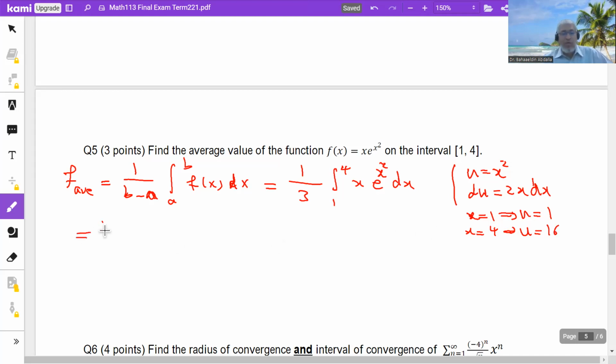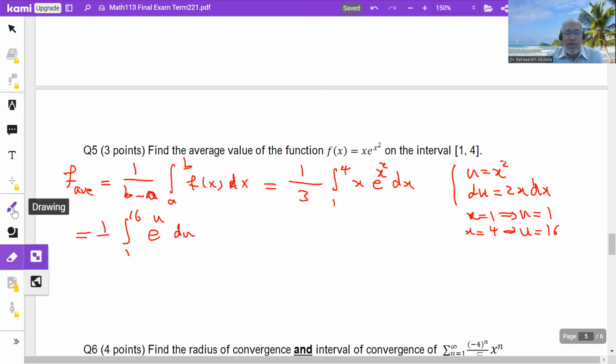So this would be 1 over 3 times the integral from 1 to 16 e to the power u, because x squared is u. But for du, I need 2x dx. I have only x, so I will put 2, and I write du, and I will divide by 2 outside.